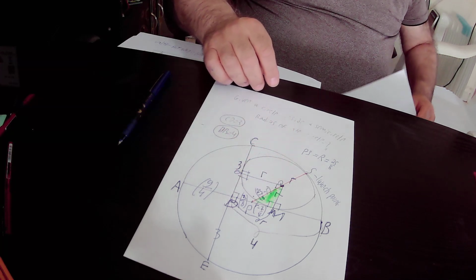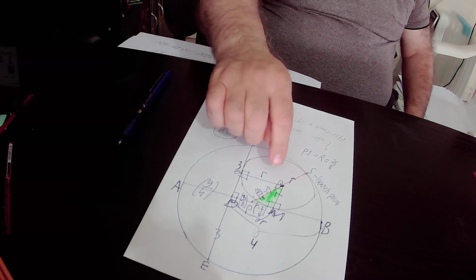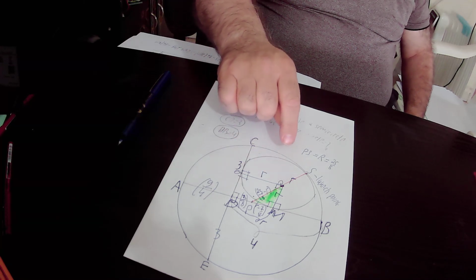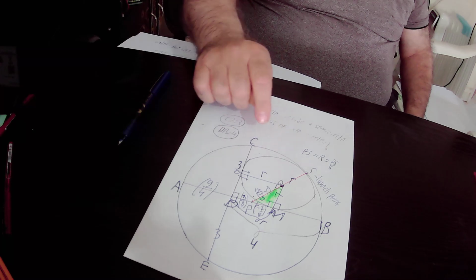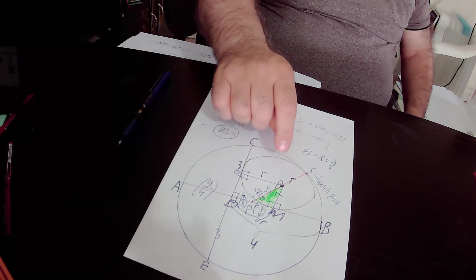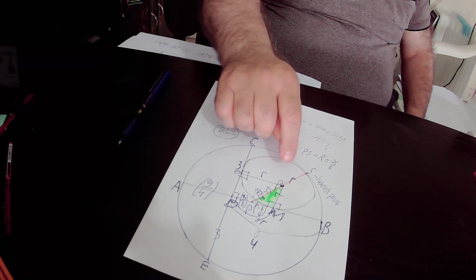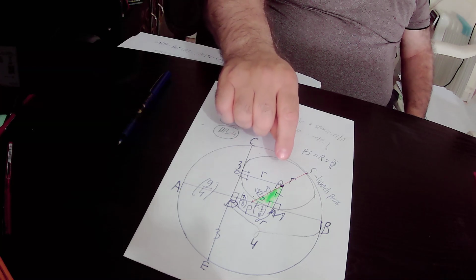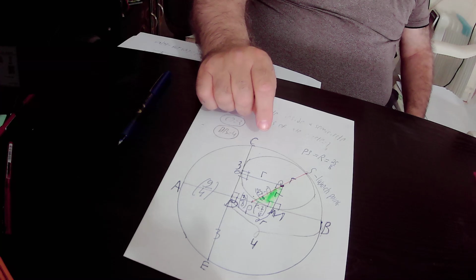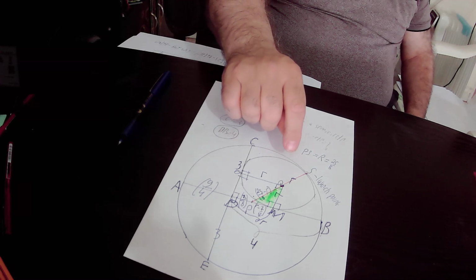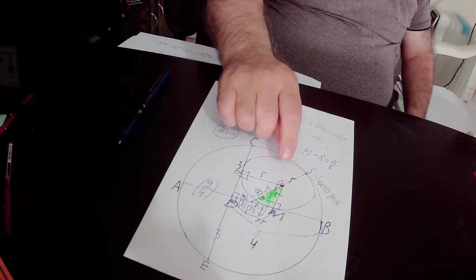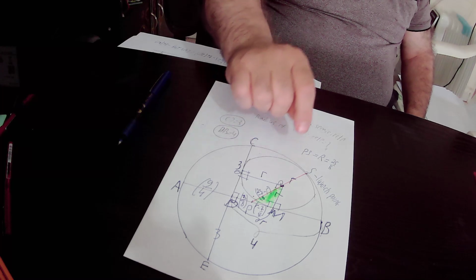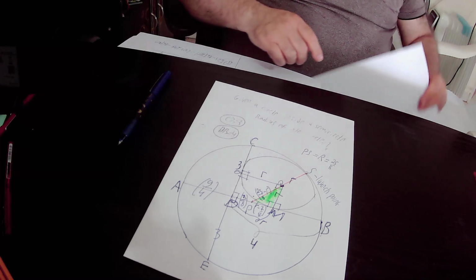So, in the green right triangle, we will implement the Pythagoras theorem. By implementing the Pythagoras theorem on the green right triangle QPM, we will find out the only variable that is missing, that is small r. That is the variable that we are looking for in this lecture. That is the radius of the small circle. Okay?